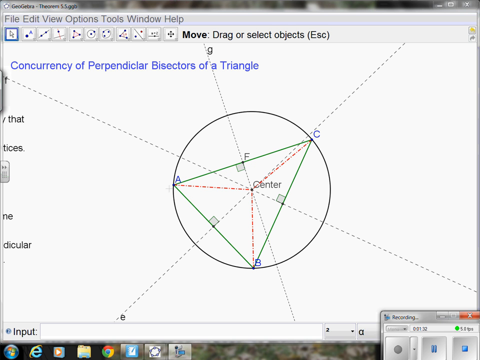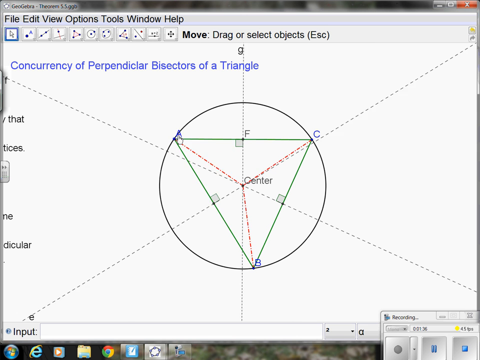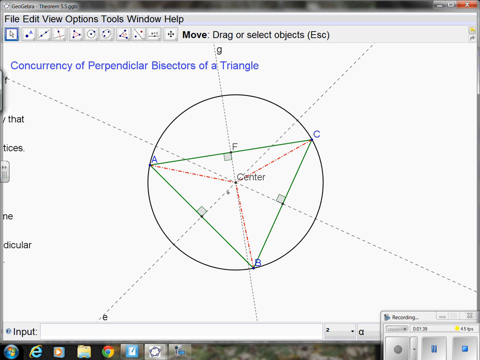And I can move points A and C around in GeoGebra here. I know my cursor here is not very big, but hopefully you can see the segment here is the perpendicular bisector of segment AB.